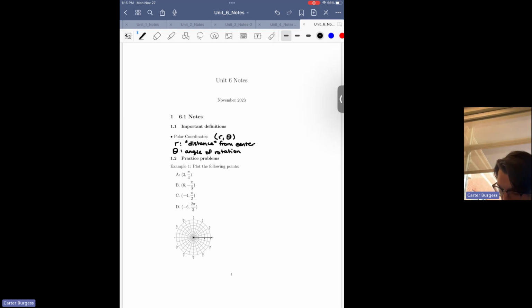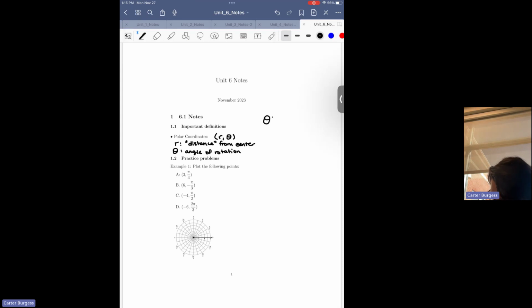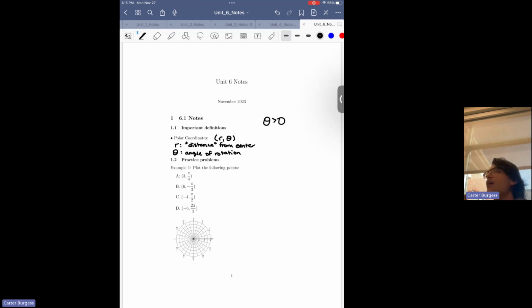So just as a reminder, what does it mean for my angle to be positive? What do I know when I'm looking at pi over 4 rather than, let's say, negative pi over 4?